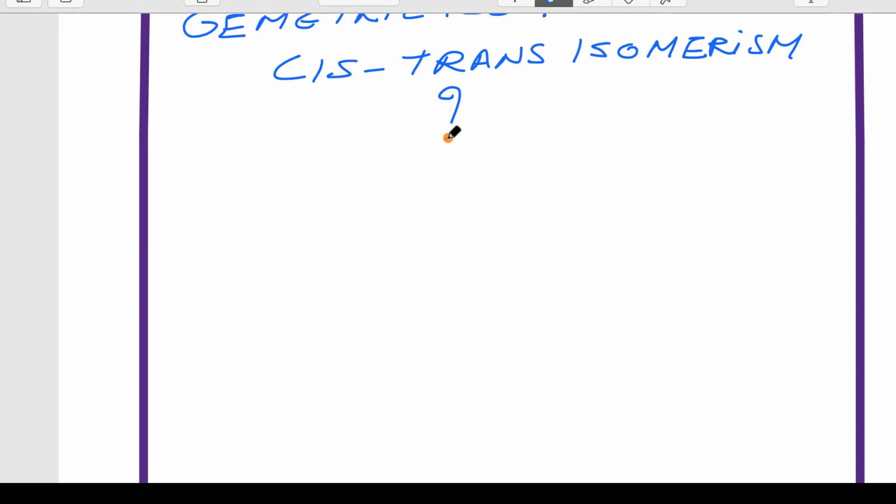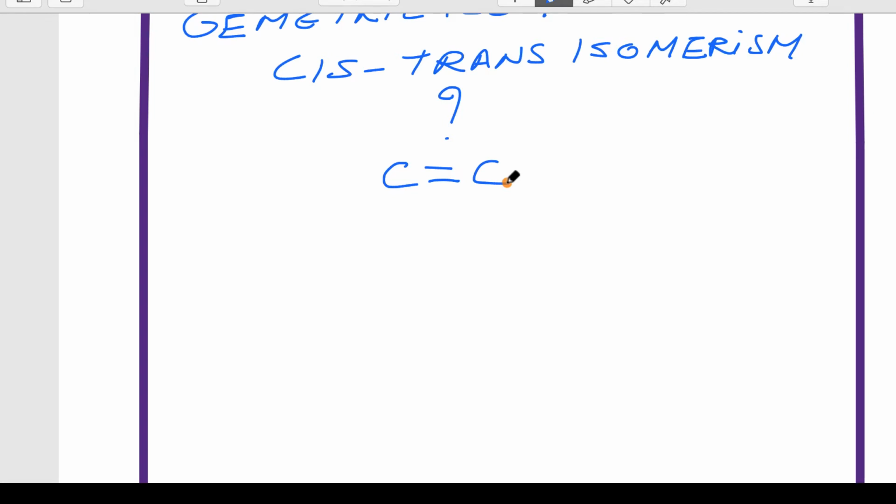As I said, in geometric isomerism there is a presence of a carbon-carbon double bond. When carbon-carbon double bonds are there, two different types of substituent groups are attached to it.